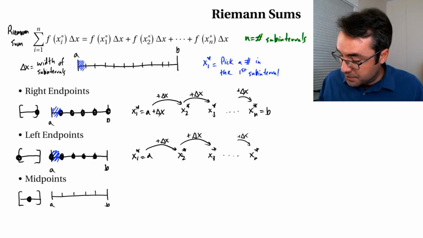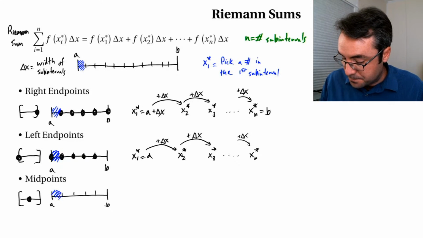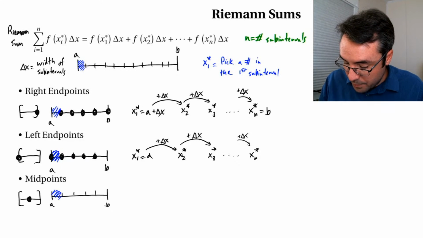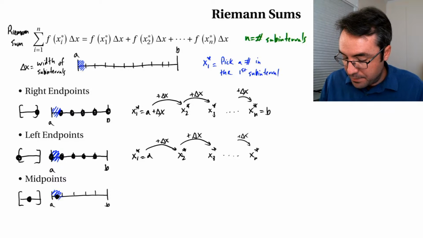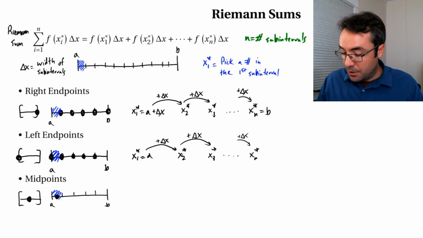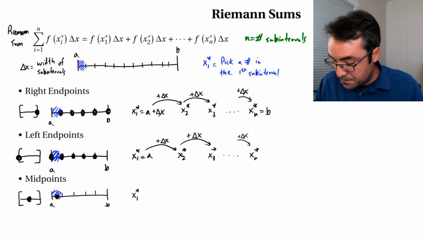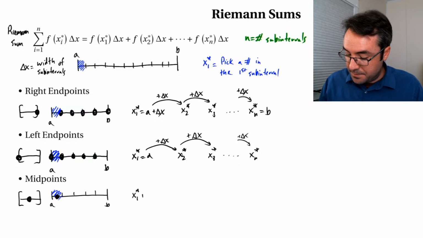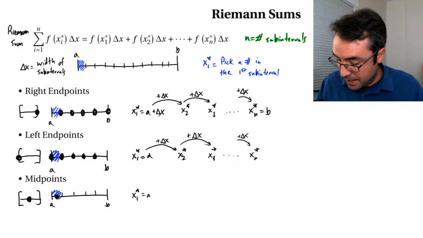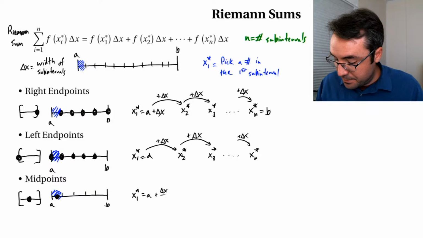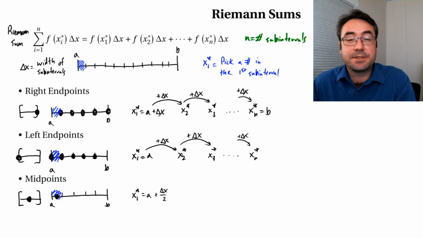So for our first subinterval here, we would be picking the halfway point. And so this would be A, and it's the midpoint, so it would be plus delta x over 2, halfway.